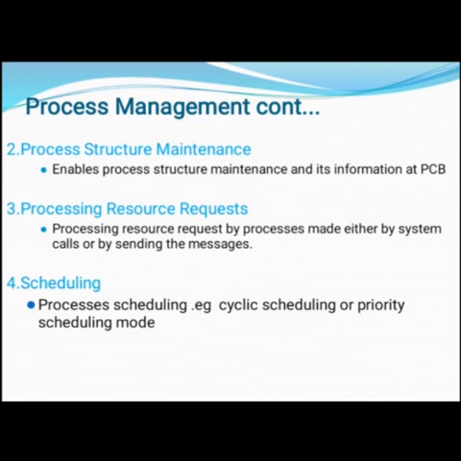Processing resource requests by a process are made either by system calls or by sending messages. The fourth point is scheduling. Scheduling can be done in many ways, such as cycle scheduling or priority scheduling for process scheduling.